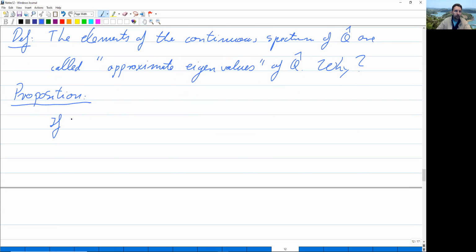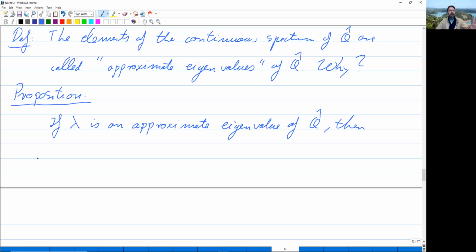If lambda is an approximate eigenvalue of Q hat, then it means that even though there is no eigenvector for lambda, so there's no vector in the Hilbert space for which lambda would be an eigenvalue, you can write down vectors that get arbitrarily close to being an eigenvector of lambda.